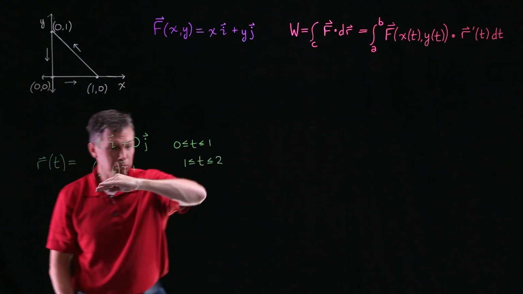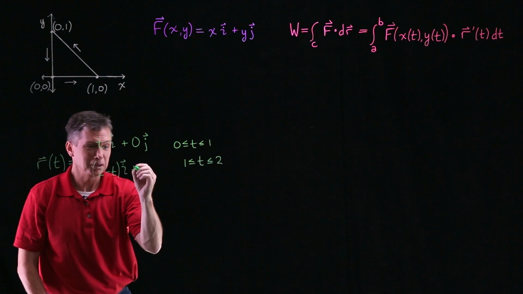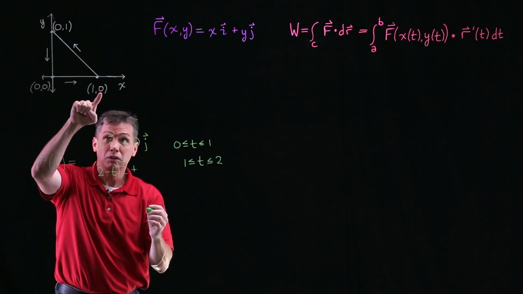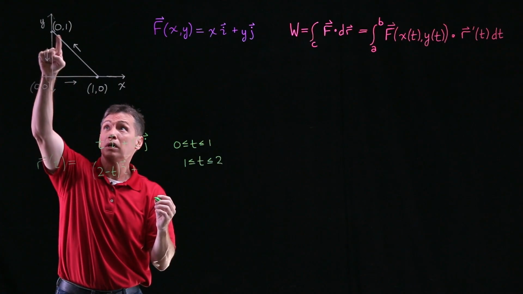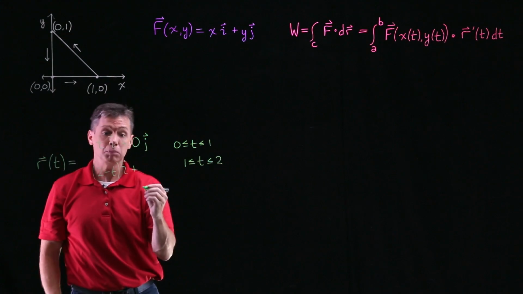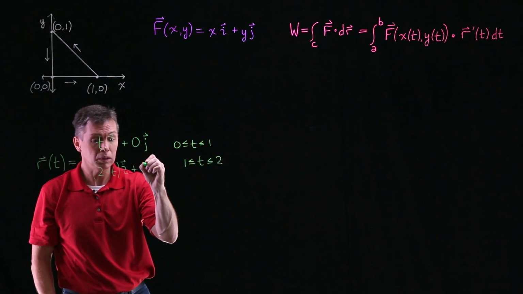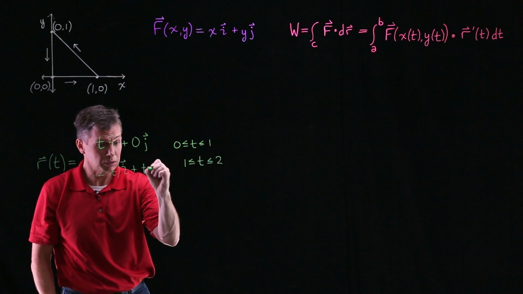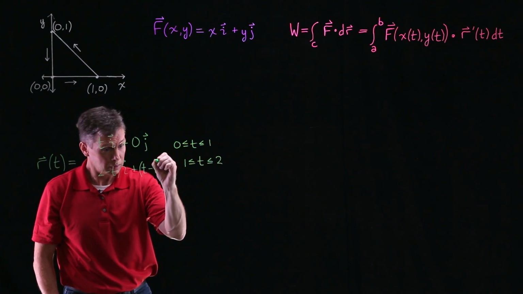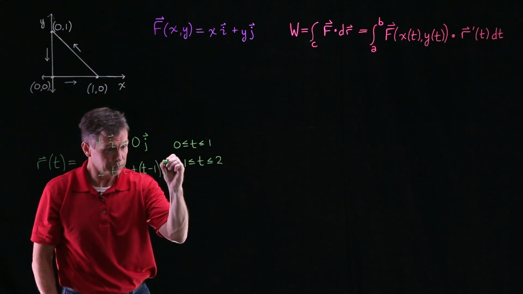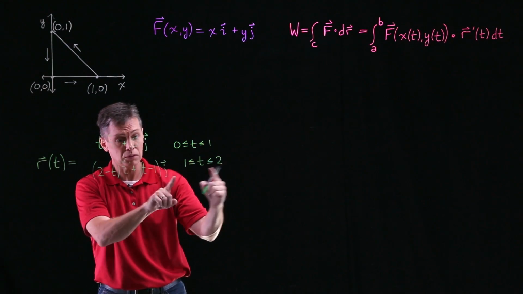My y-coordinate needs to start at 0 and end up at 1. So I think I'd be looking at t minus 1 times the j vector. See if that makes sense. Starts at 0, ends at 1.